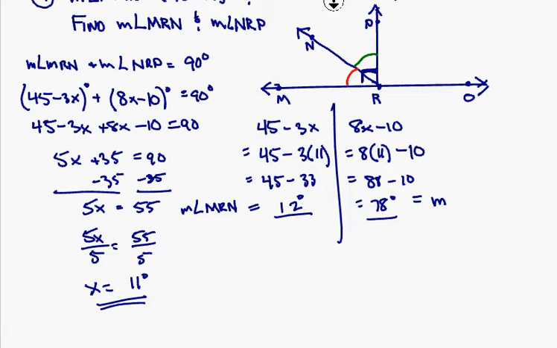And that's going to be equal to the measure of angle NRP. An alternate way of finding NRP would simply be to take 90 and subtract 12 from it. 10 minus 2 is 8. 8 minus 1 is 7. That would be an alternate way of finding the measure of NRP.